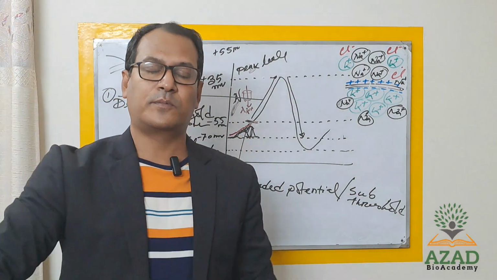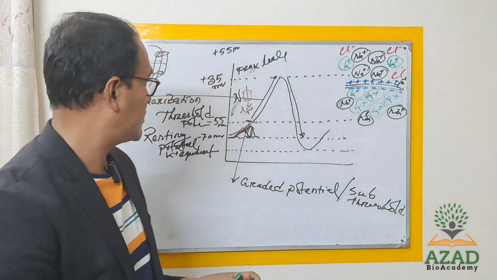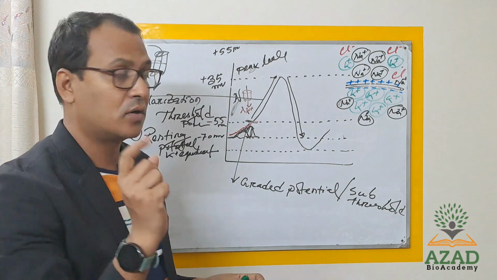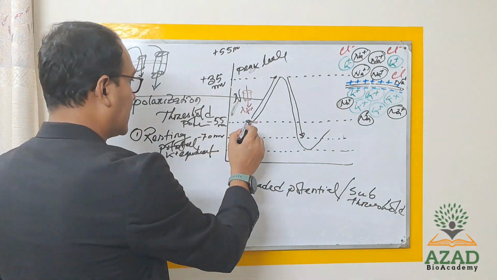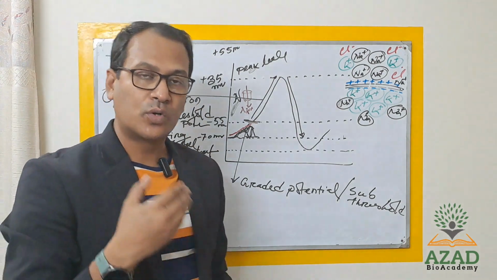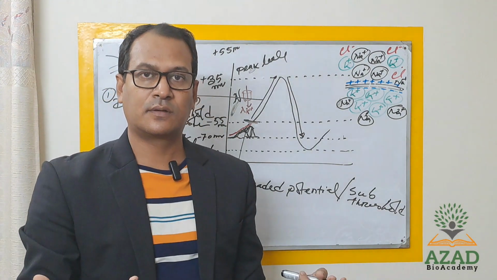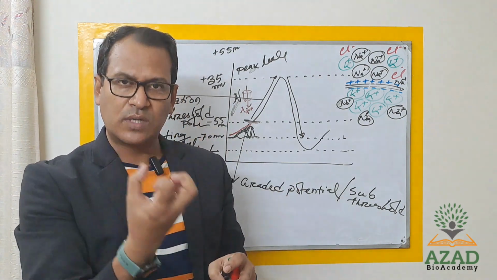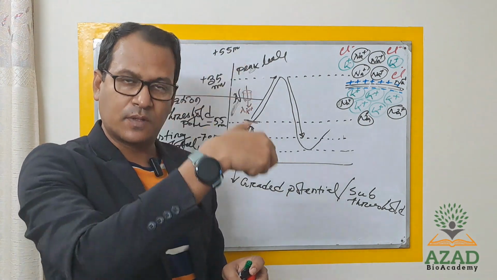depolarization potential or depolarization current will be produced by the entry of sodium, because at the threshold level, the voltage gated sodium channel will open and a rush of sodium will occur inside the cell from the outside.